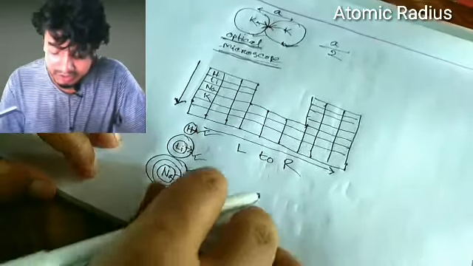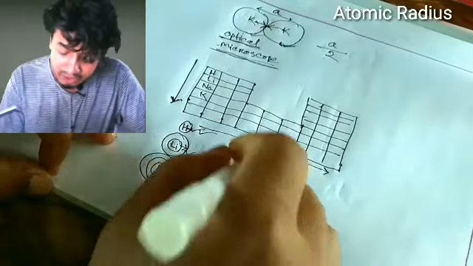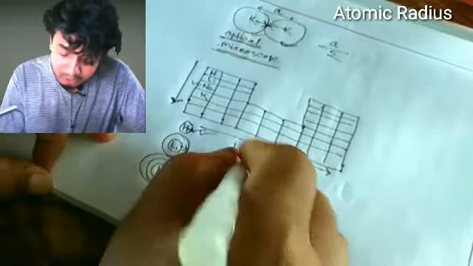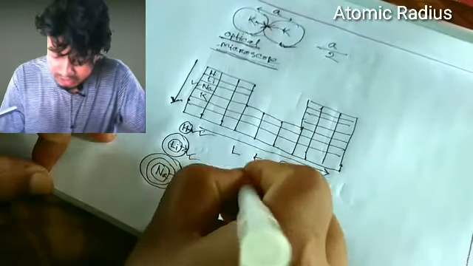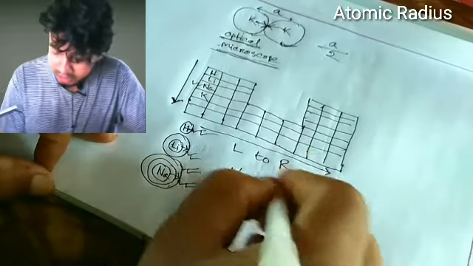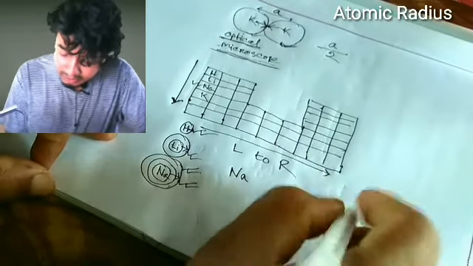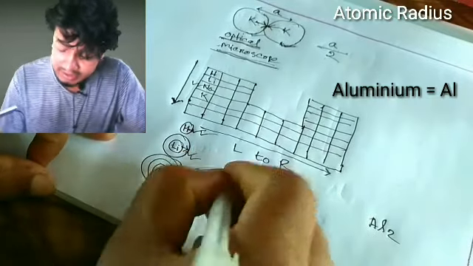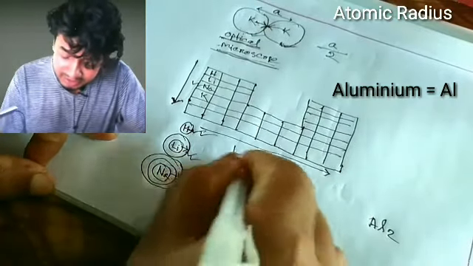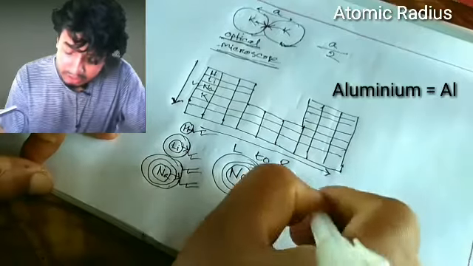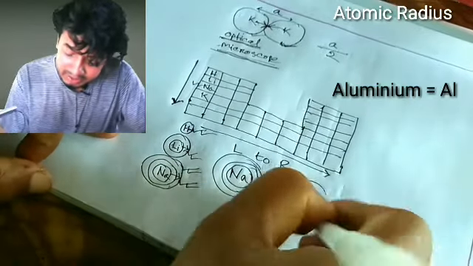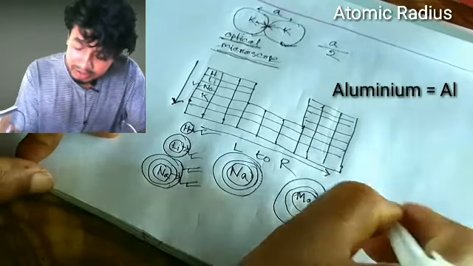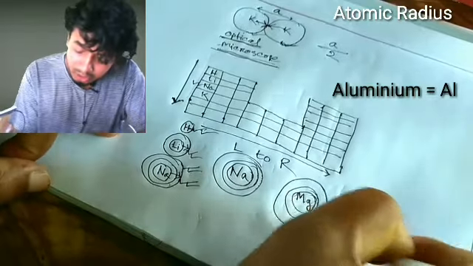Why is it happening? Take the period 3 elements: sodium, magnesium, aluminum. Sodium has 3 shells, and magnesium also has 3 shells, and it is also the same for aluminum.